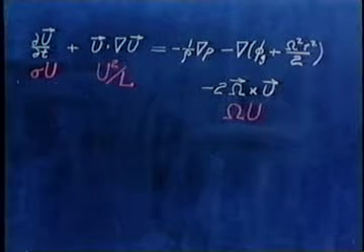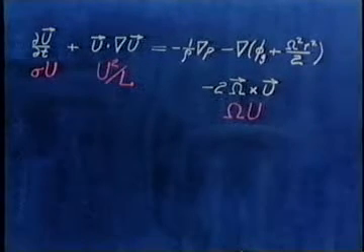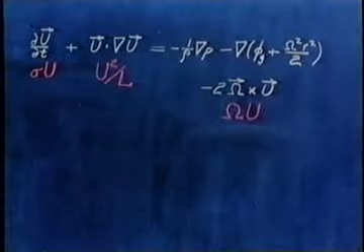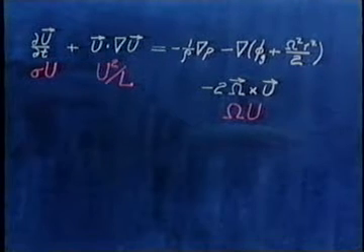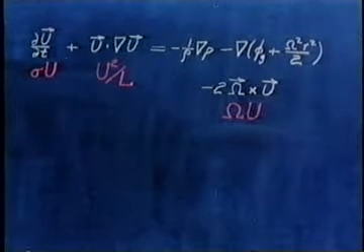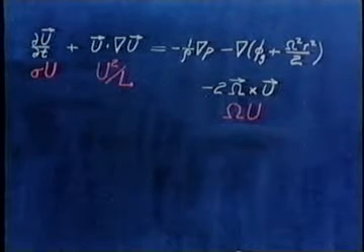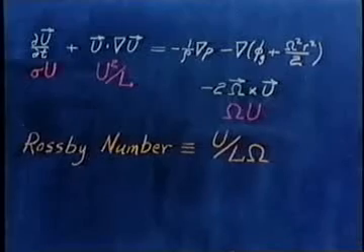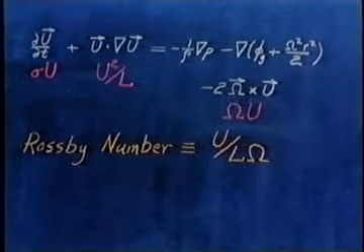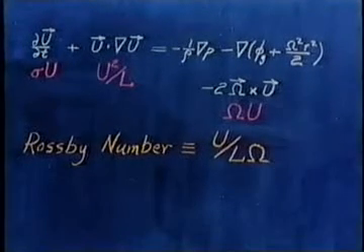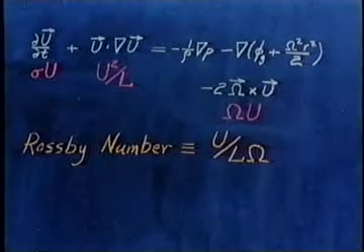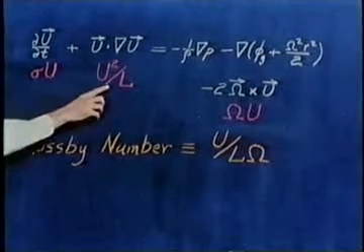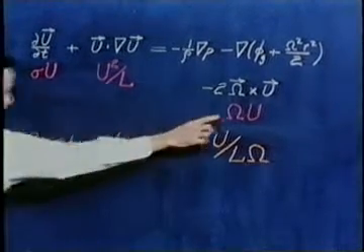Sigma is a characteristic frequency, U is a characteristic fluid velocity, and L is a characteristic length. The Rossby number is U over L omega. It provides a rough estimate of the ratio of relative convective accelerations to the Coriolis force.